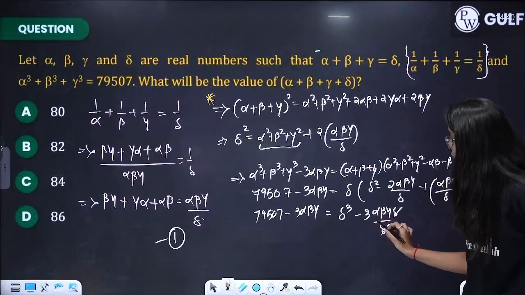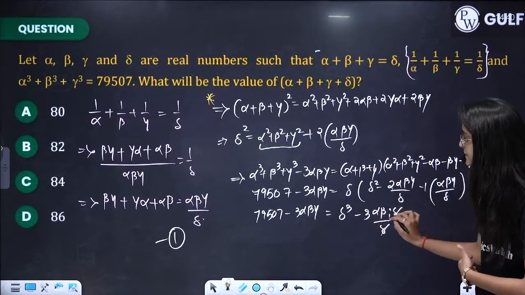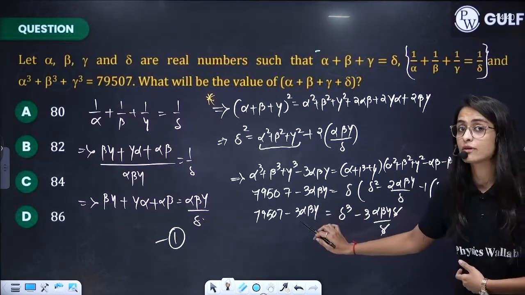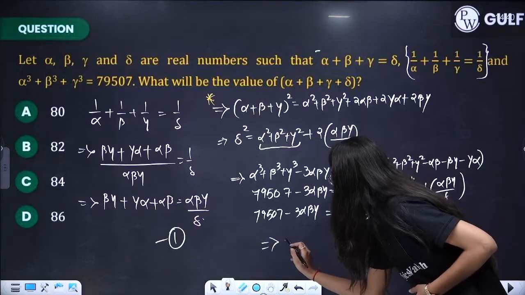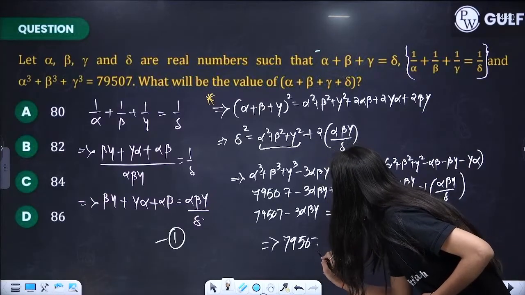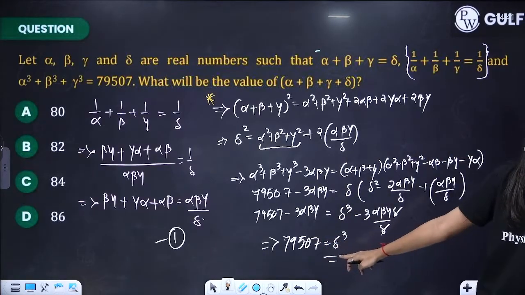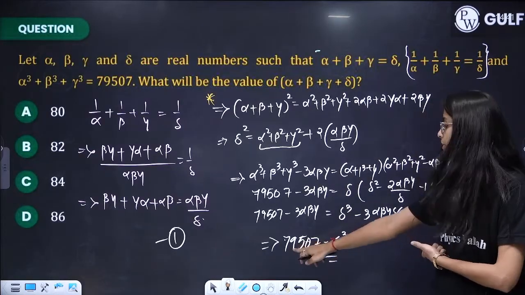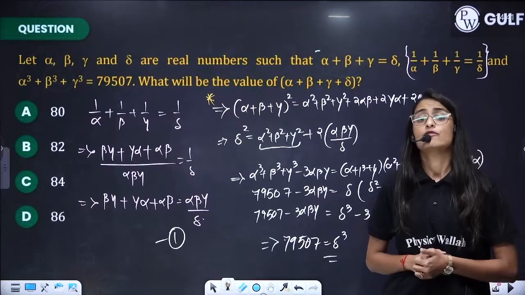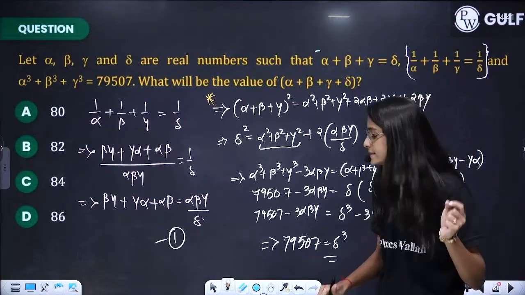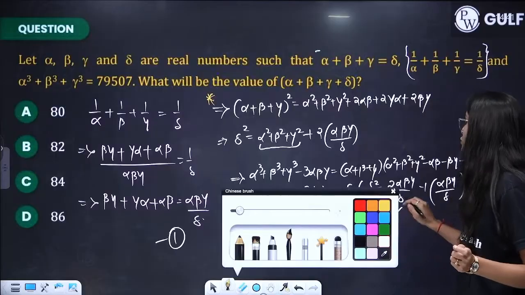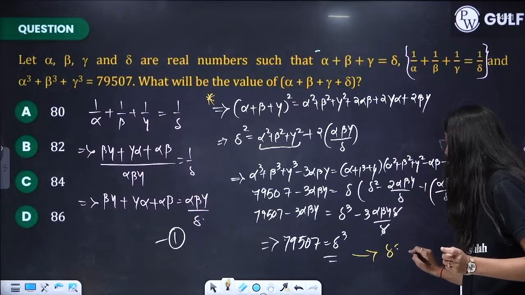Again, if you observe this carefully, you have minus 3 alpha beta gamma on both sides. So ultimately you will be left with 79507 is equal to delta cube. That means there is a number which, if you take its cube, you will get 79507. If you take the cube root, you will obtain delta is equal to 43, right? So the value of delta will be 43.